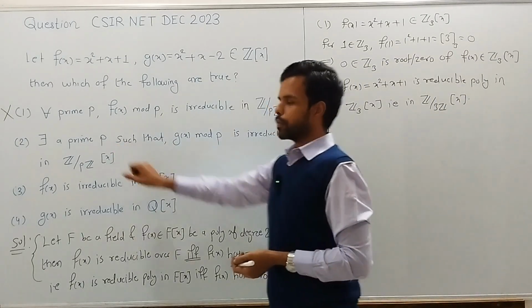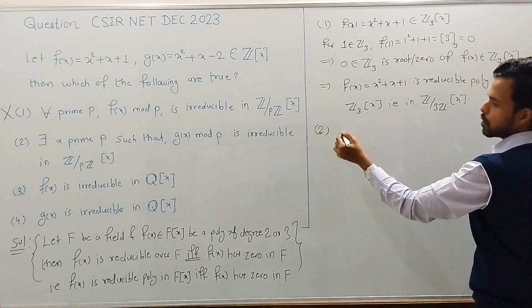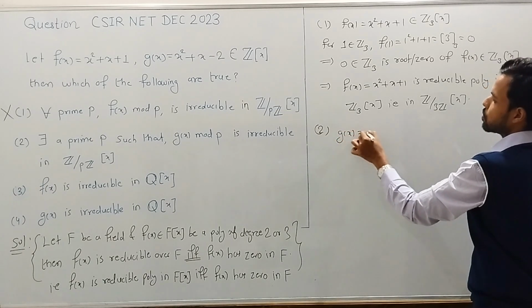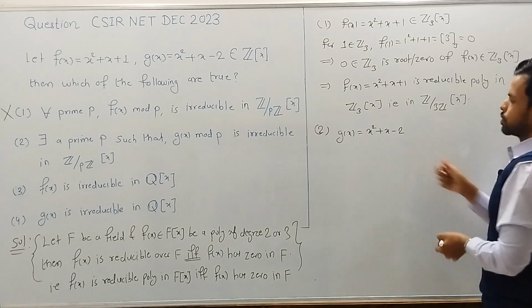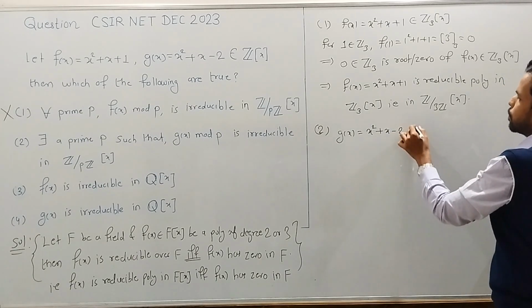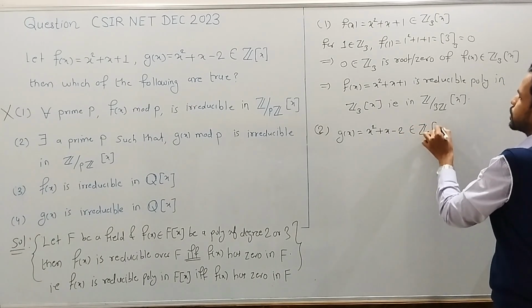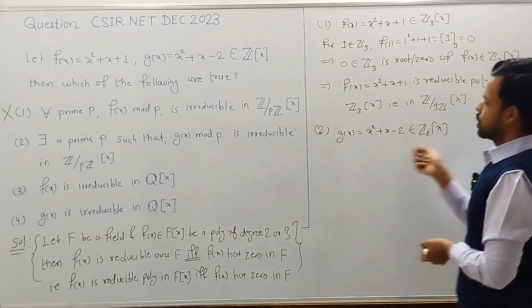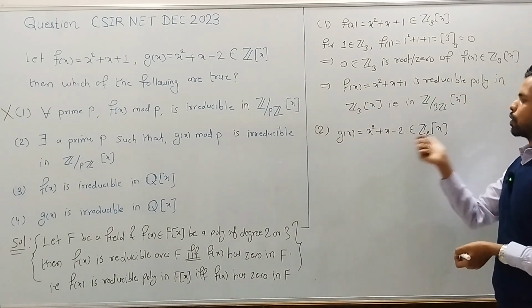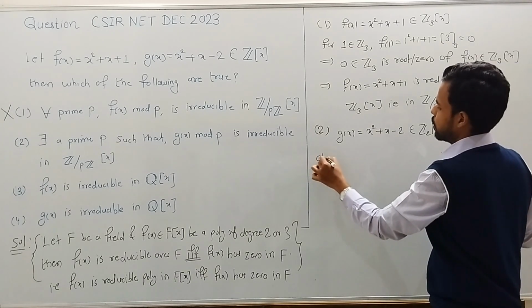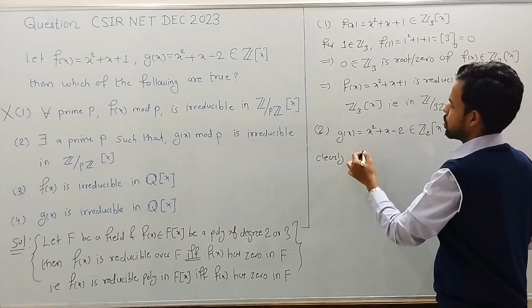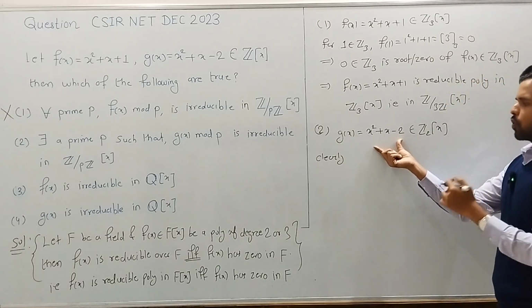For p equals 2, g(x), which equals x² + x − 2, belongs to Z2[x]. That is, g(x) modulo 2 belongs to Z2[x], and clearly the coefficients are reduced modulo 2.